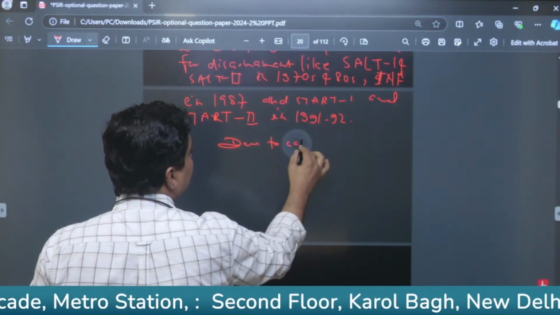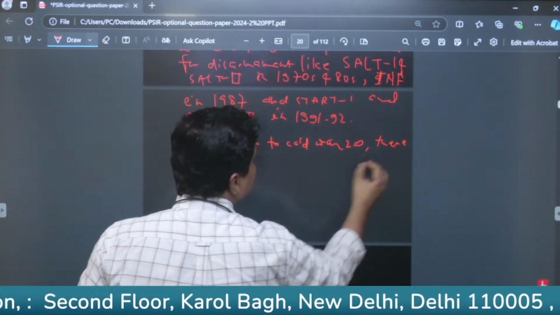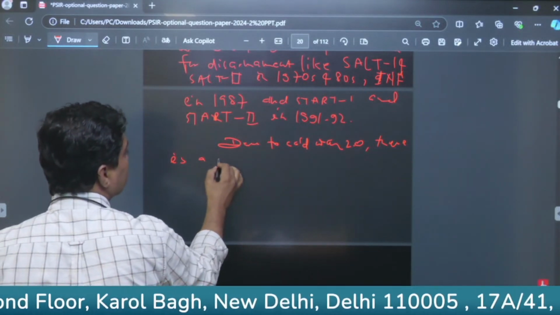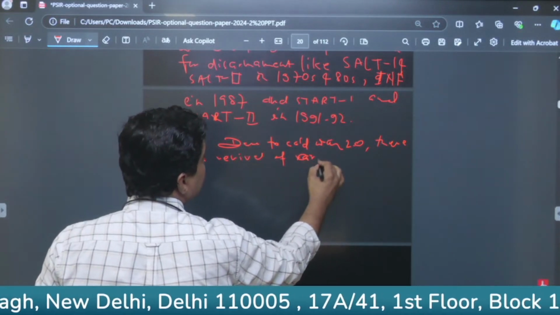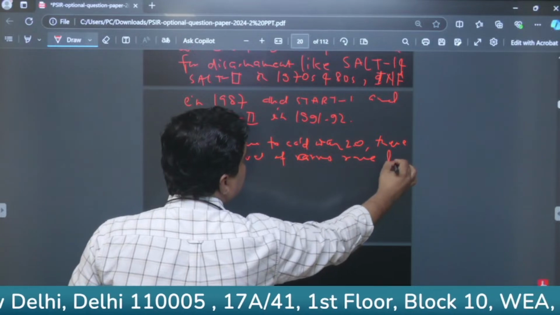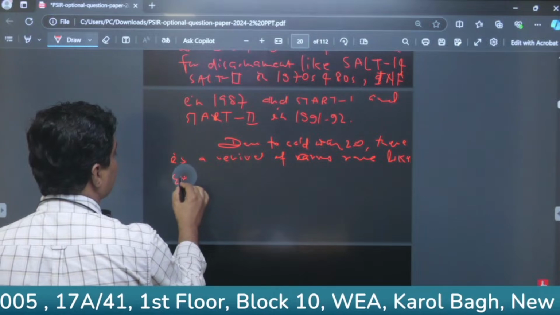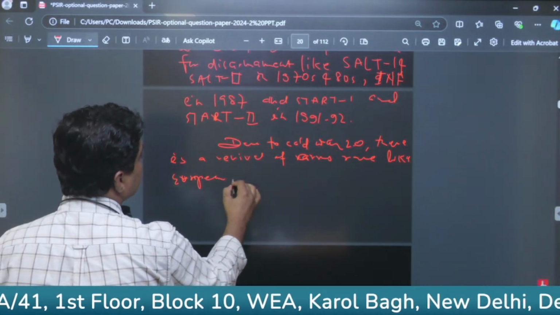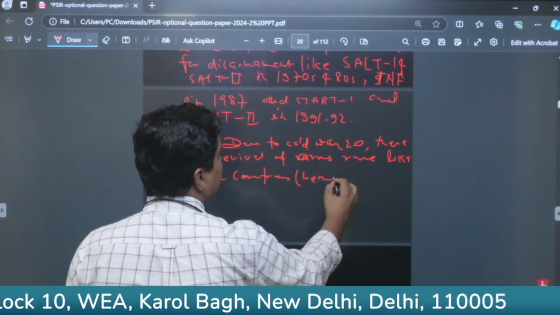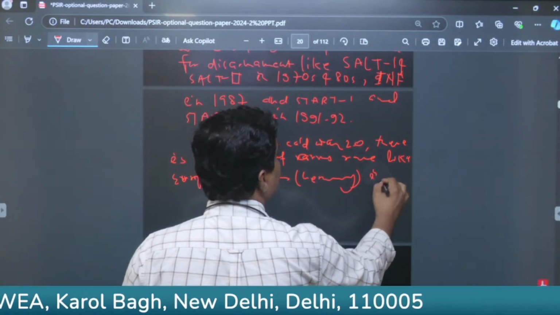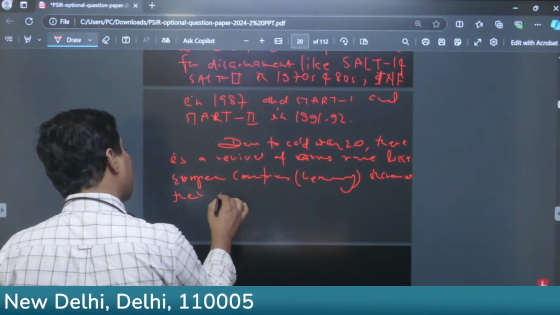Due to Cold War 2.0, there is a revival of the arms race. For example, European countries like Germany have increased their defense budget.